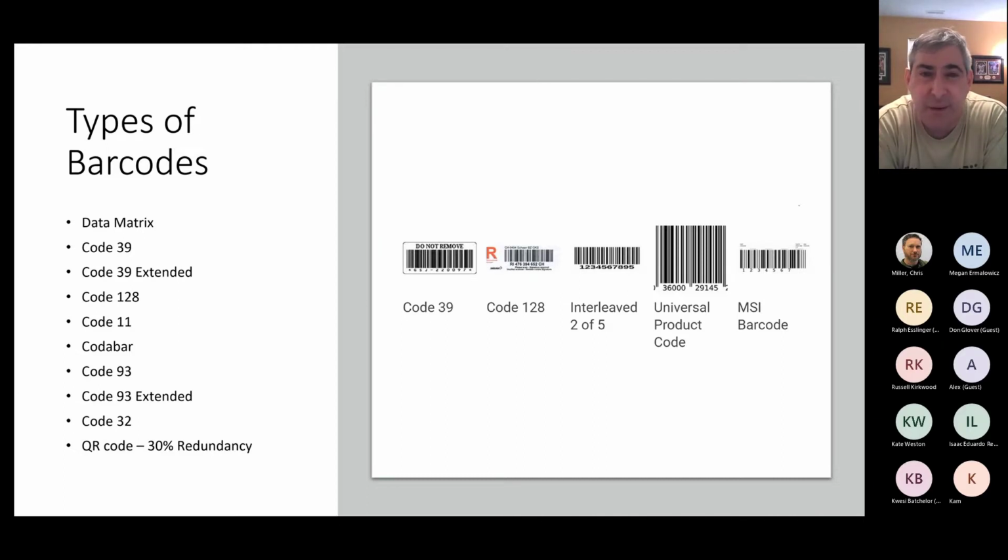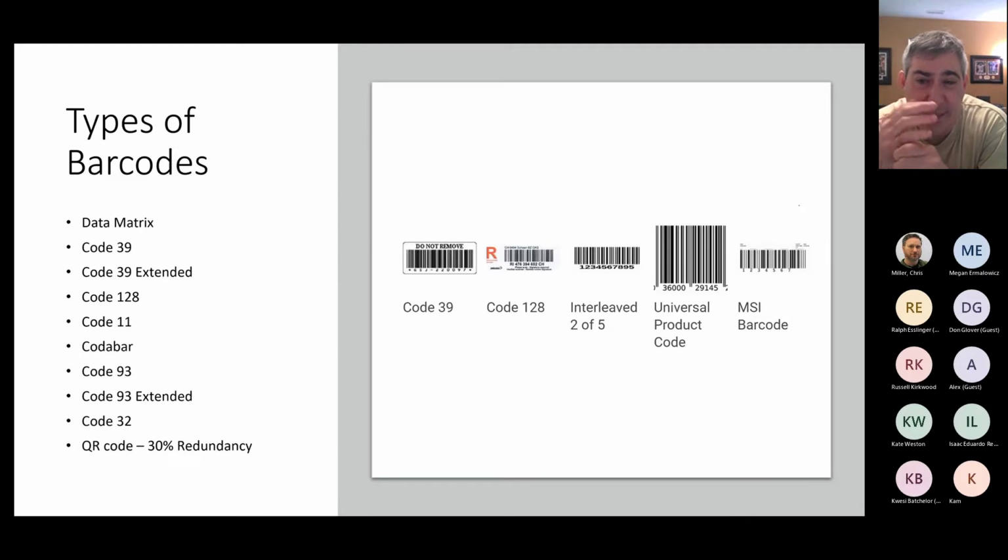and he was explaining to me that 30% of the data in a QR code is redundant. The point of it is that you should be able to mess up the QR code and still be able to scan it. I don't have my pen for my Surface, it's in my bag downstairs, I would draw over this. There's a long barcode here, these all being 1D, they could get marred in some way and they would still be readable because you have all that extra, it's kind of redundant, right?